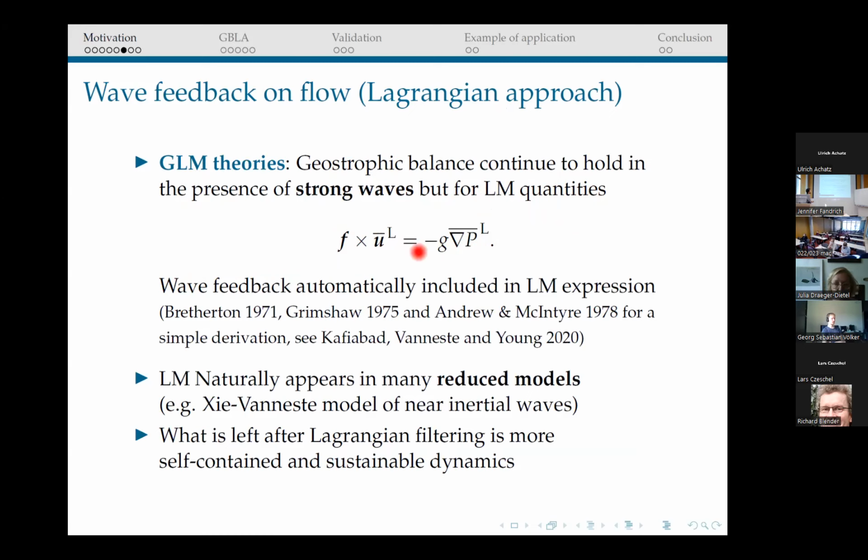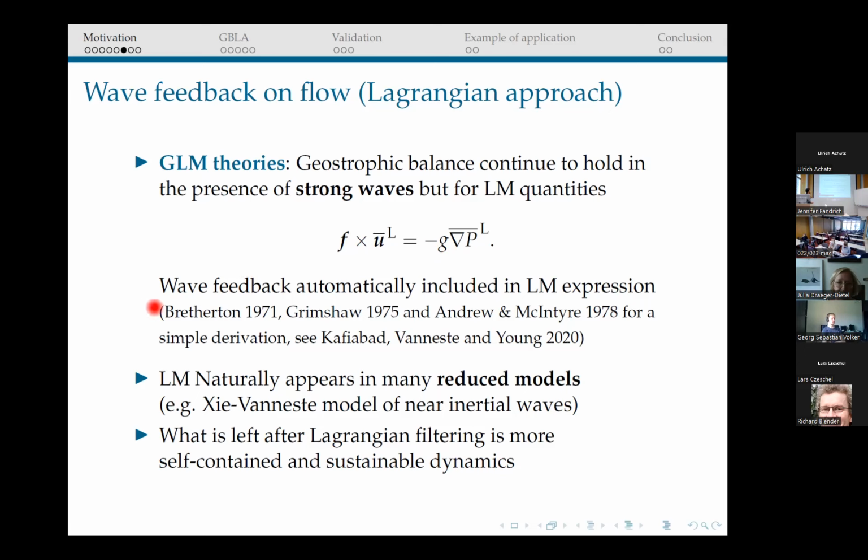If you work it out, this expression has inside it the wave feedback that I talked about in my previous slide. So it's a much more powerful formulation, because we don't need to do a decomposition and then take care of the mean of the quadratic terms of wave components. Now we have it all in one go.